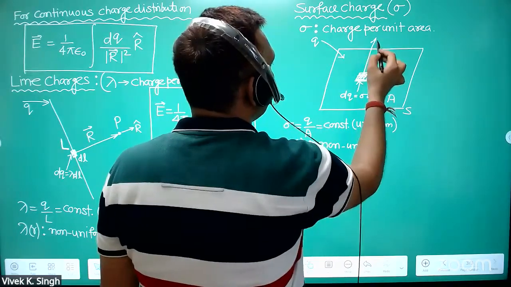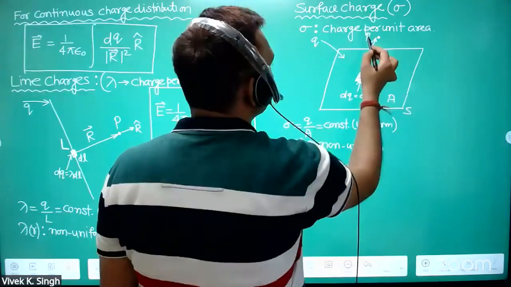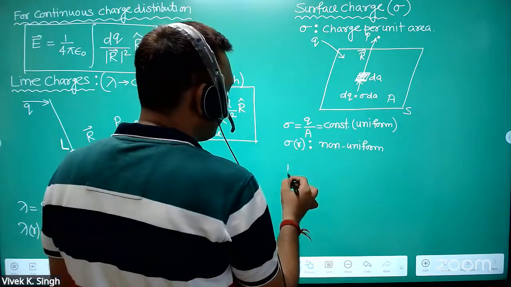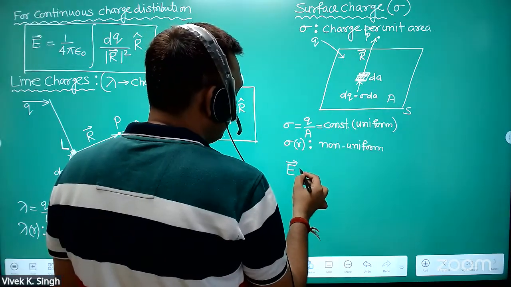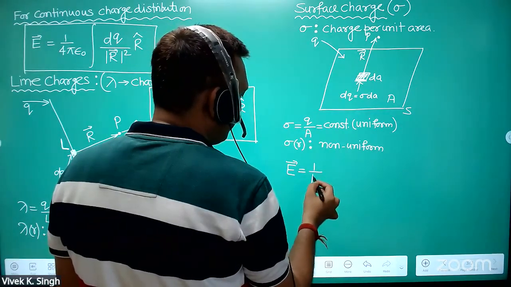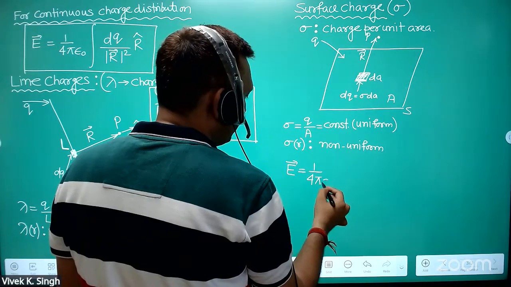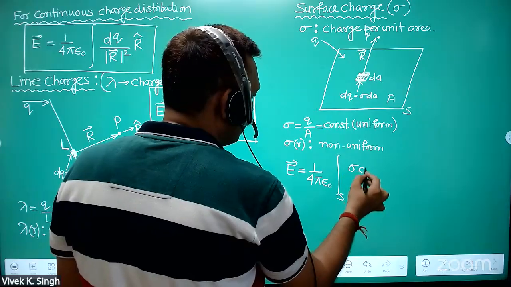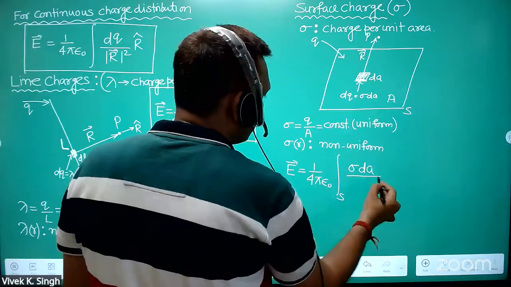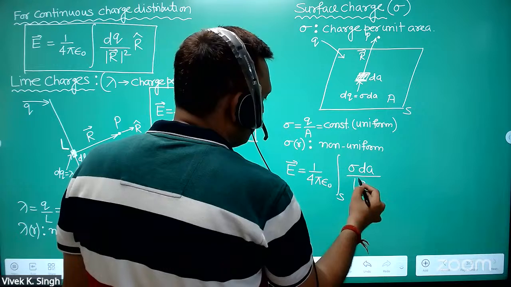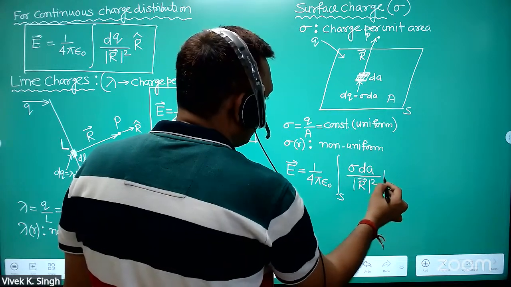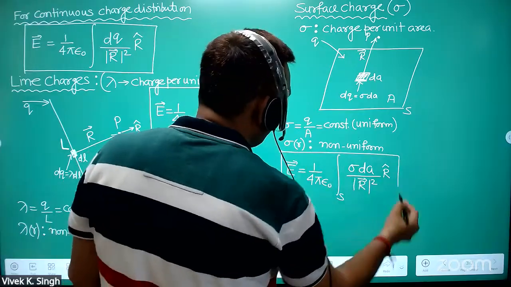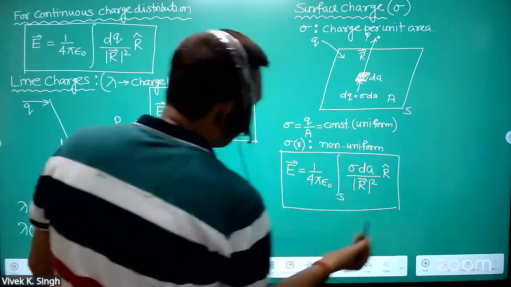And at any point P, again r distance away, if you have to define electric field, this will be given by 1 by 4 pi epsilon naught surface integral sigma dA by mod r square r cap. This is Coulomb's law for surface charges.